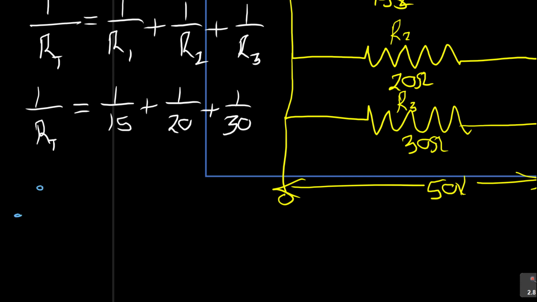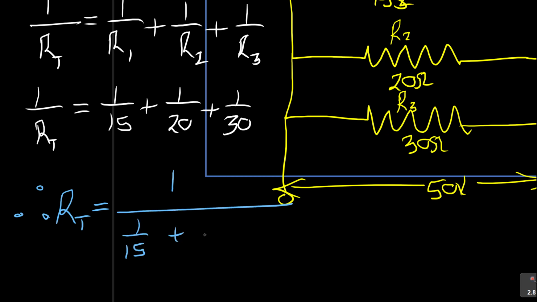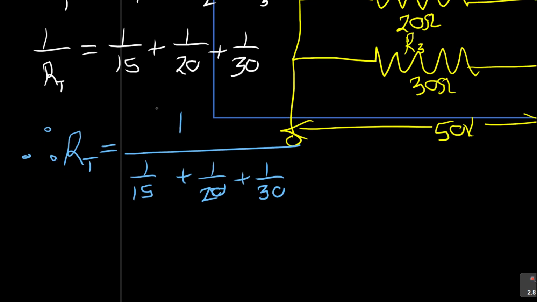Say therefore RT is equal to 1 over, and then you say 1 over 15 plus 1 over 20 plus 1 over 30. I know you're going to say why. I'll show you just a little bit of mathematics there. But if you do this, don't forget, say 1 over, and then you repeat this. You're no longer calculating 1 over RT now.